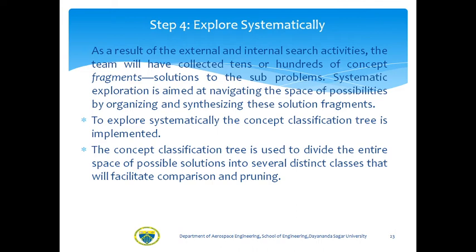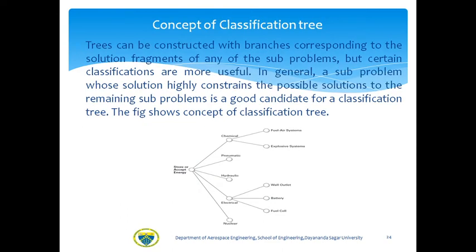Once you generate the ideas, the fourth step is exploring them systematically. There are some systematic ways people have come up with. Basically, I will show you two methods. One is the classification tree. We all know classification. Suppose you are looking for some energy source.